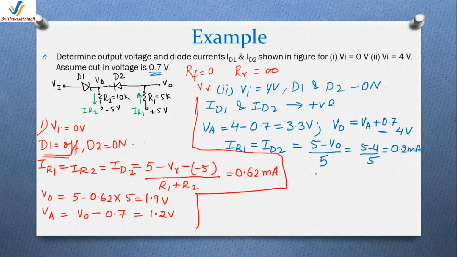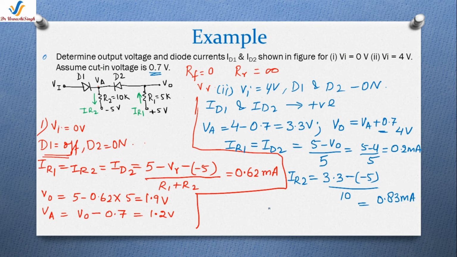The next current is IR2, and again using the KVL, VA, that is 3.3 volt, minus the negative supply voltage, upon the second resistance, that is 10K. Calculating it, the current will be 0.83 milliampere.